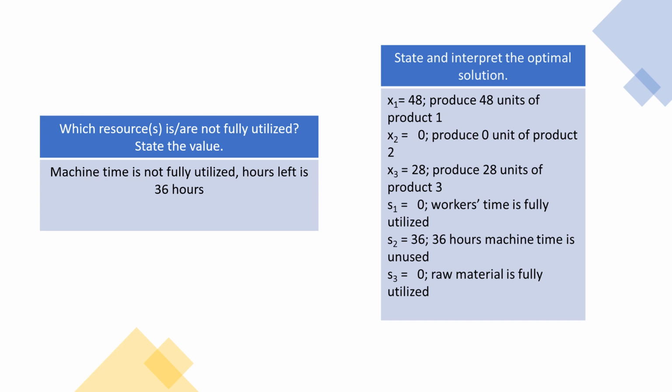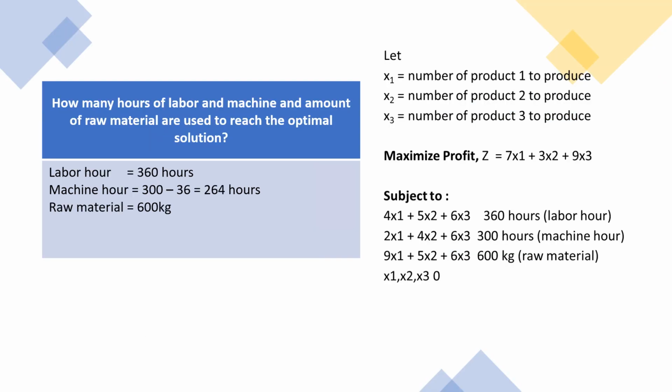This shows that both labor hour and raw material have no leftover. Both resources are fully utilized, while S2 is equal to 36. So it means that machine time is not fully utilized. Hours left is 36 hours.